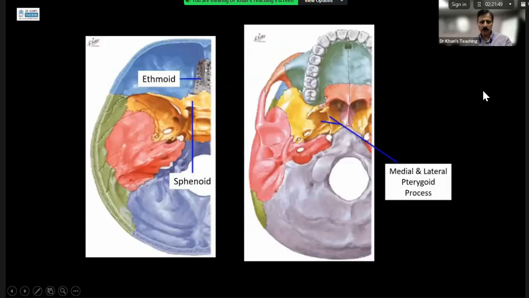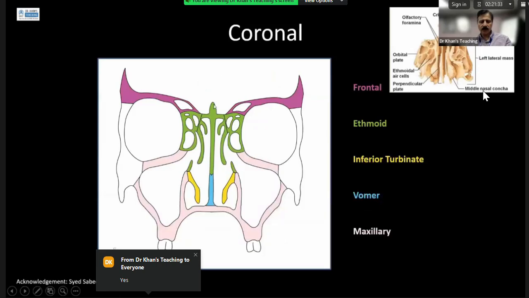This is the horizontal plate, also known as the cribriform plate. So this makes the anterior cranial fossa portion of it. And you remember the olfactory nerves, they pass through it. Now, so this portion is the horizontal portion or the cribriform plate.